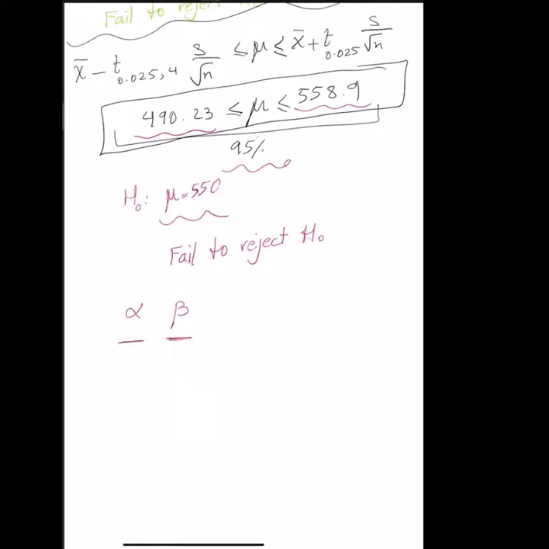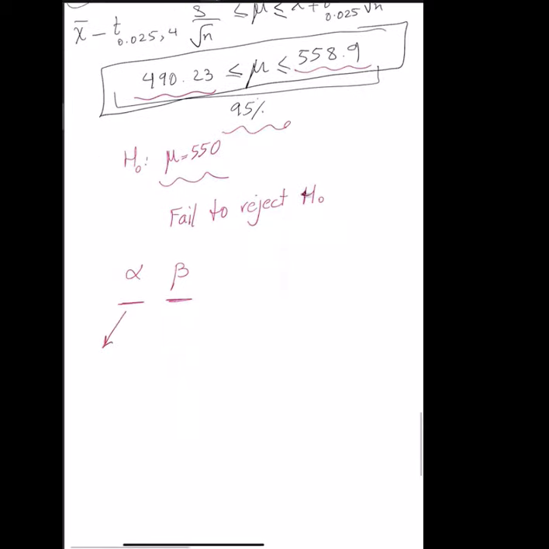When we talk about type 1 error or type 2 error in a test of hypothesis, that's exactly what those errors are. Type 1 error says, what if I reject H null while H null is correct? Type 2 error says, what if I fail to reject H null while H null is actually wrong? Those are exactly the errors you are talking about.